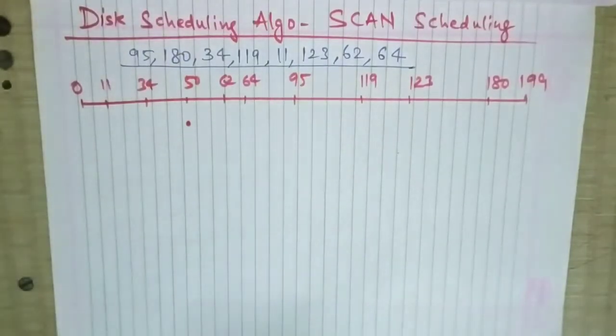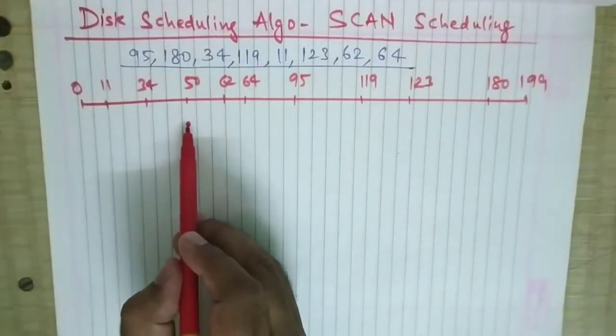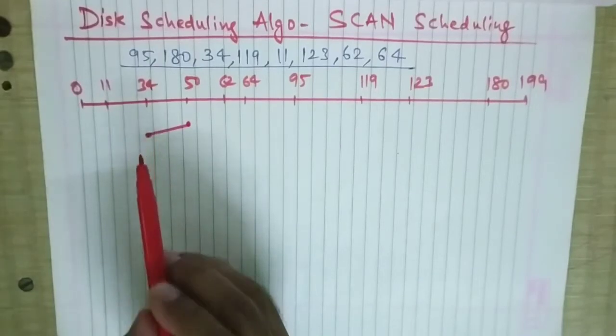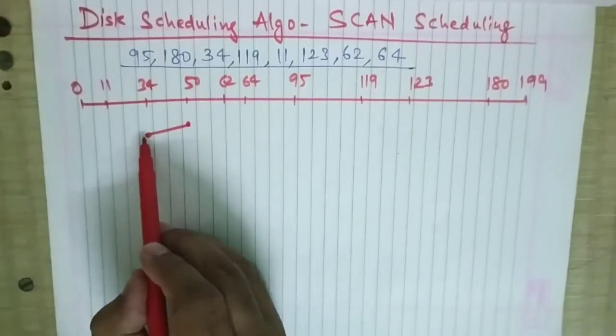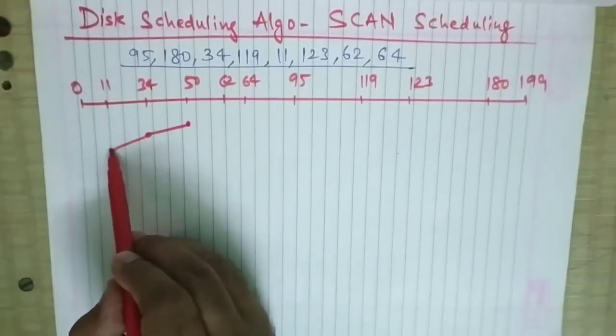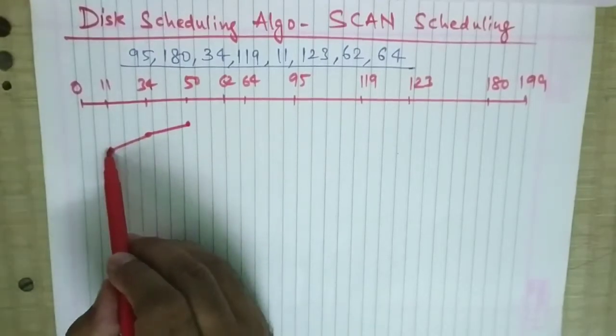In SCAN scheduling, we first move toward 0, and from 0 we move toward the other side. Moving toward 0, we first service 34, then 11, and after that we go to 0.